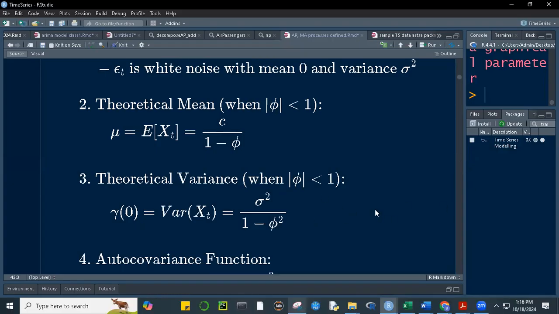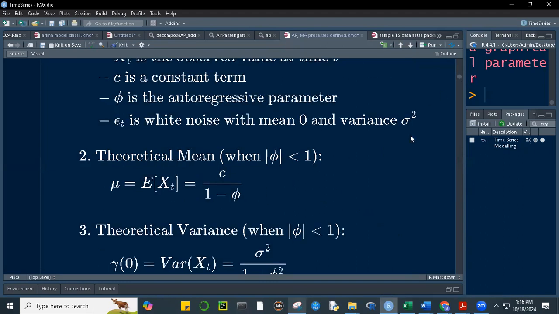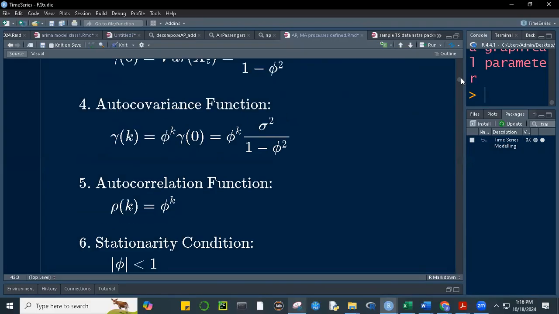This is also your long run variance, long-term variance. This is your empirical variance. You get the variance of your time series, and then if you divide it by 1 minus phi squared, you get your long run variance. And then you have your autocovariance and autocorrelation.